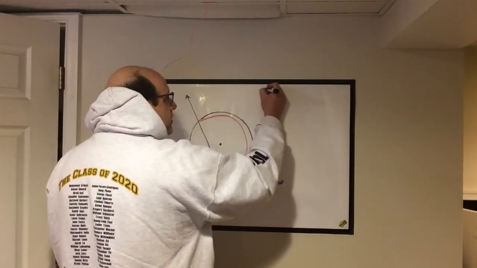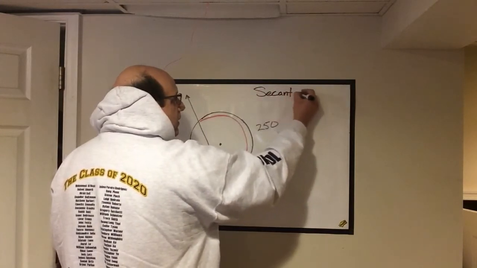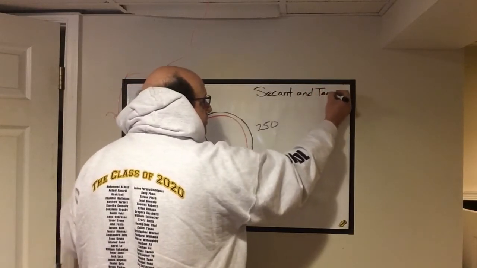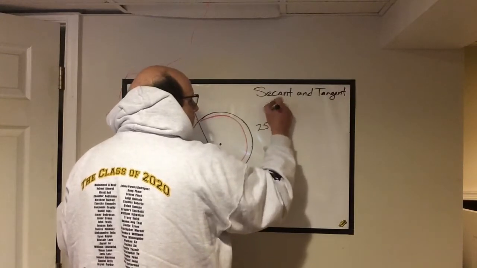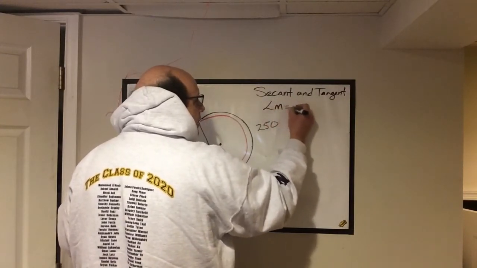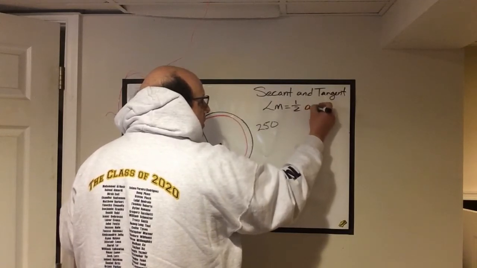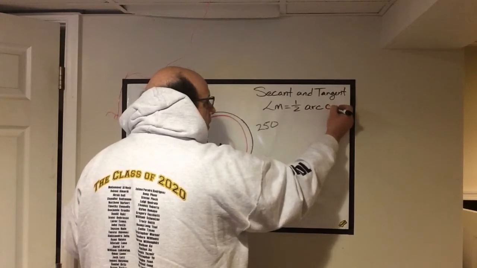When we have secant and tangent, the measure of the angle is equal to half the arc cut.